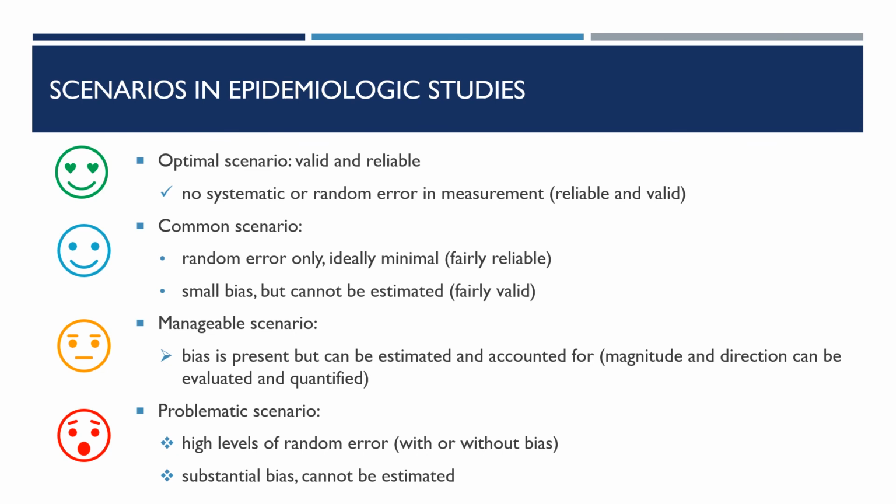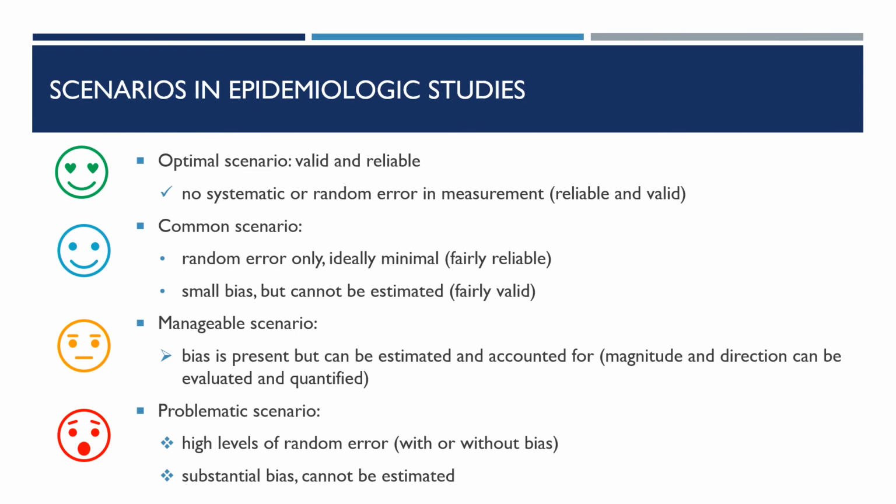To sum up the presentation, I would like to present you with the four common scenarios in epidemiological studies. First, the optimal scenario that we are always looking for is valid and reliable results. That means we have no systematic and no random error in our measurement.